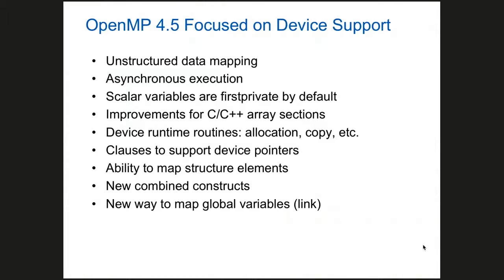And 4.5 focused on device support. So it used unstructured data mapping, and it also defined that scalar variables are firstprivate by default, and also they have clauses to support device pointers and device runtime routines, like mapping, allocation, and lots of them.